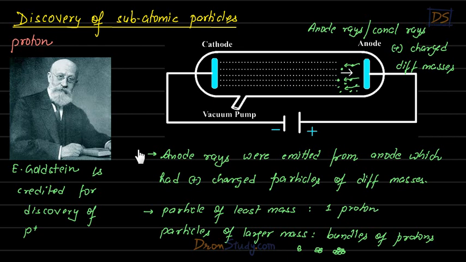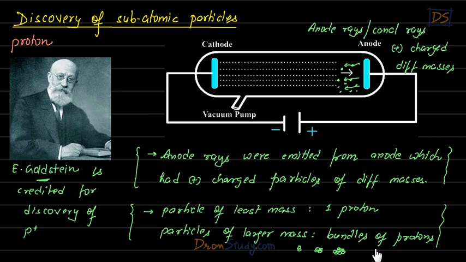So see, this thing was noticed by Goldstein. What? That anode rays were emitted from anode which had positively charged particles of different masses. This thing was discovery of Goldstein. But later different scientists analyzed this experiment even deeper, and they came up with this conclusion that the least mass particle is actually a proton, and the heavier particles are actually bundle of protons.